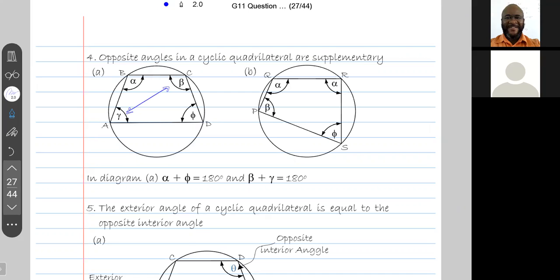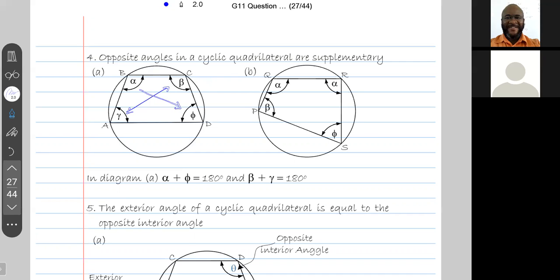So that is beta plus gamma add up to 180. This is alpha, and I think this is phi. They add up to what? 180. Opposite angles in a cyclic quadrilateral are supplementary, which means they add up to 180 degrees. That's circle theorem number 4.